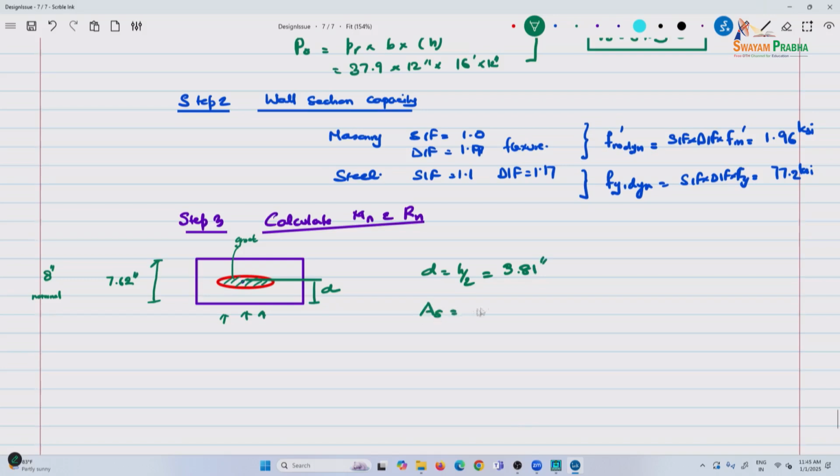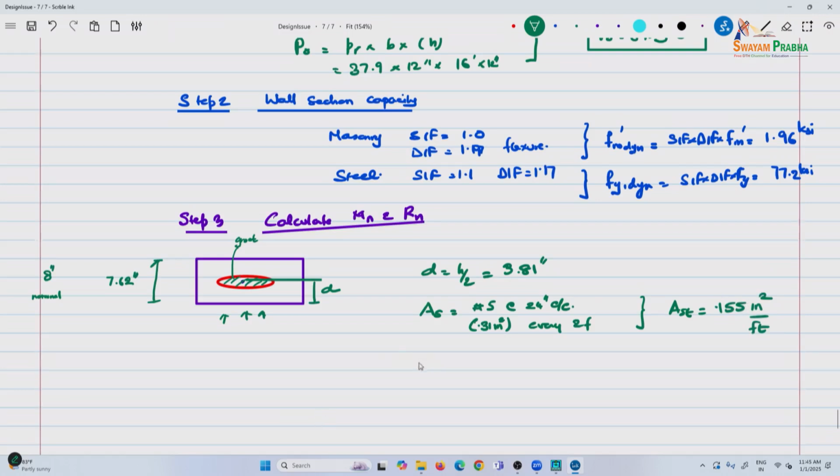AS is given, it is a number 5 bar at 24 inches center to center, and the area of a number 5 bar is 0.31 square inch every 2 feet. So AS is half of it, at point square inch per foot.